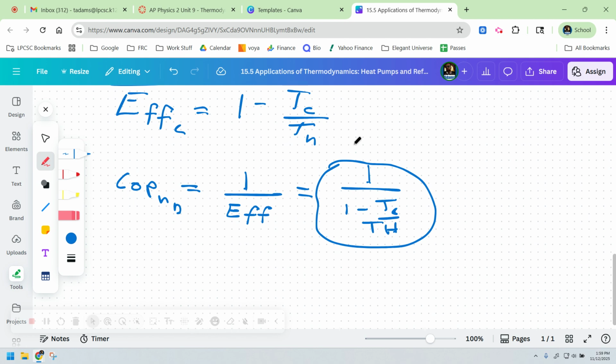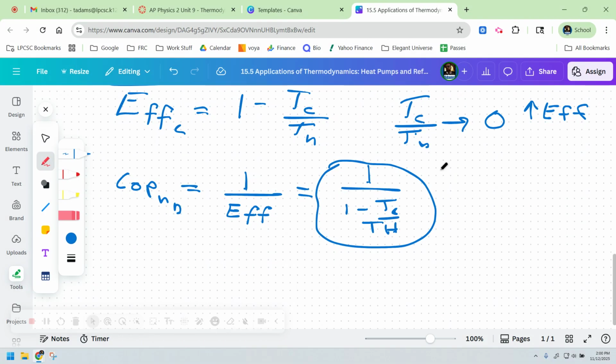Let me think of a way to. Remember this, if this has a very small temperature difference, right? If this approaches 0, you have a very high efficiency, right?